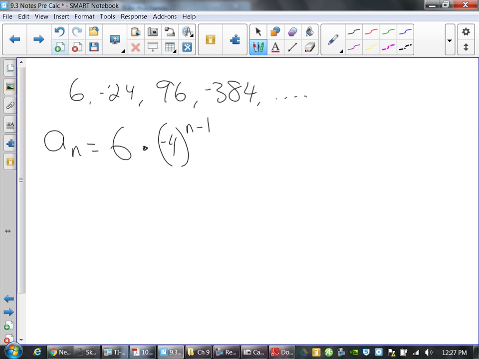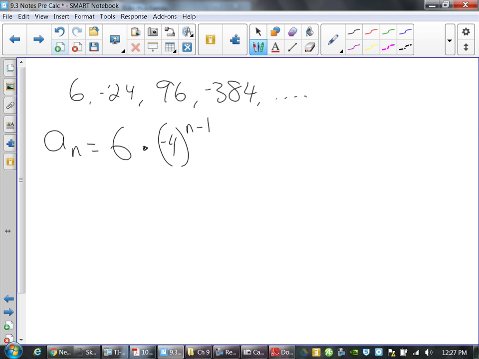I will suggest that when you are using your calculator, if you had to find like the 15th term in the sequence, and you've got a negative value for your rate, be sure to put it in parentheses in your calculator before you figure it out.